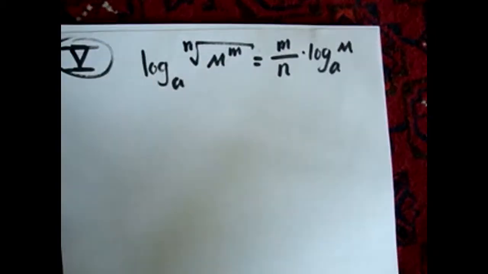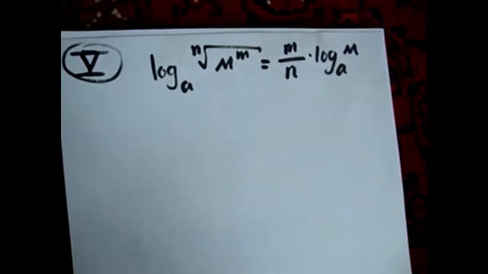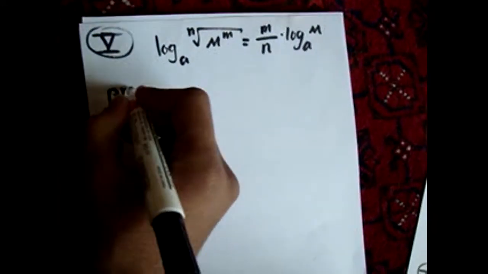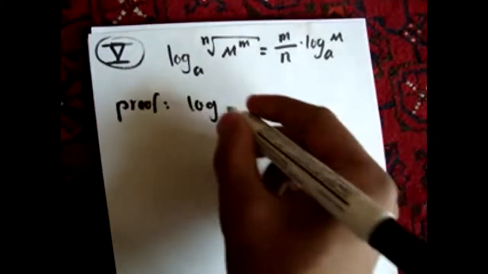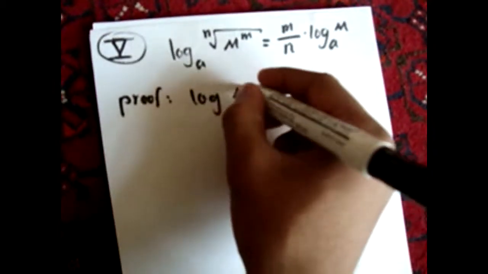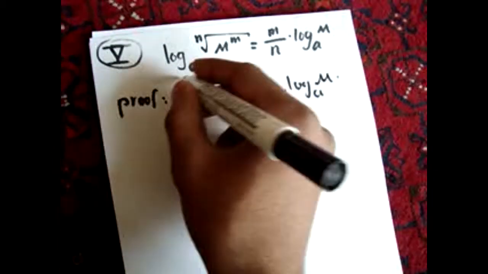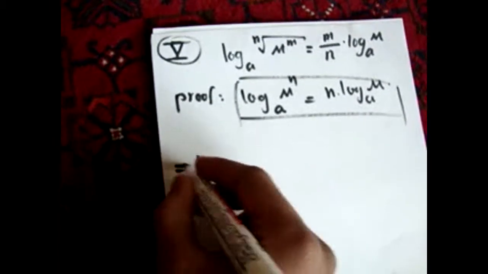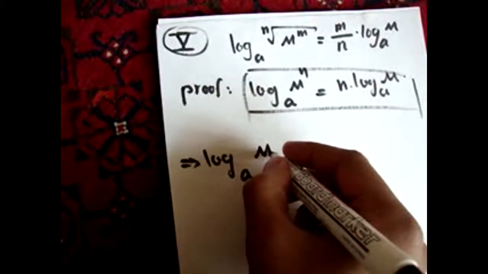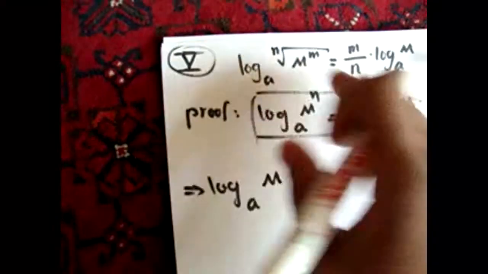So is it true? We're gonna use the third law to prove this. We know that if we have a logarithm base a of m to the power of n, it equals n times logarithm base a of m. So from this law we're going to prove this law. So we have logarithm base a of the root of m, which we're going to change from the radical to the fractional power.